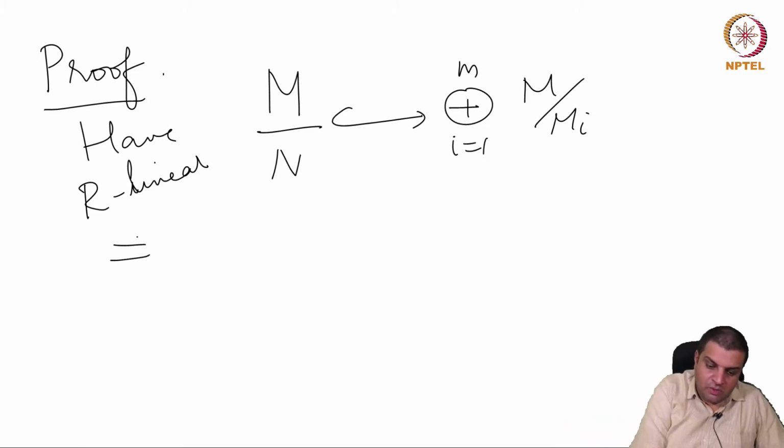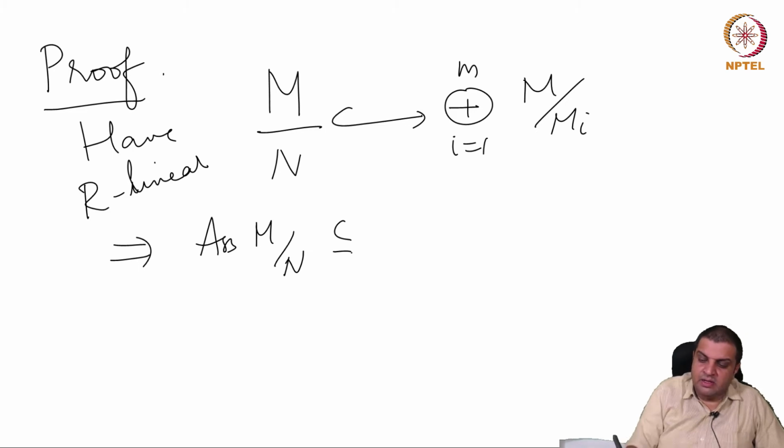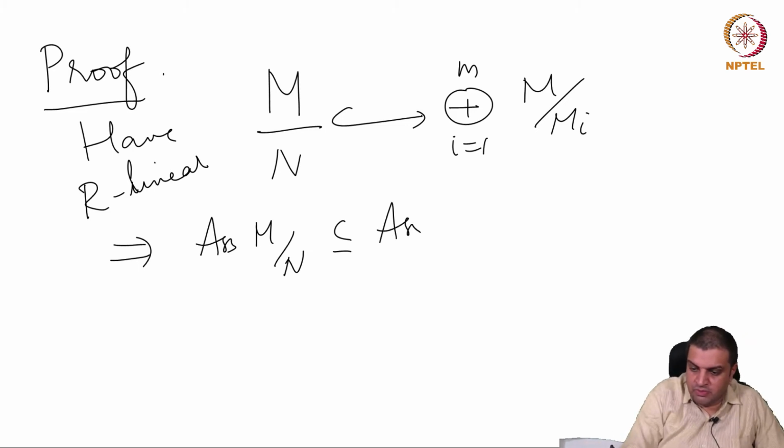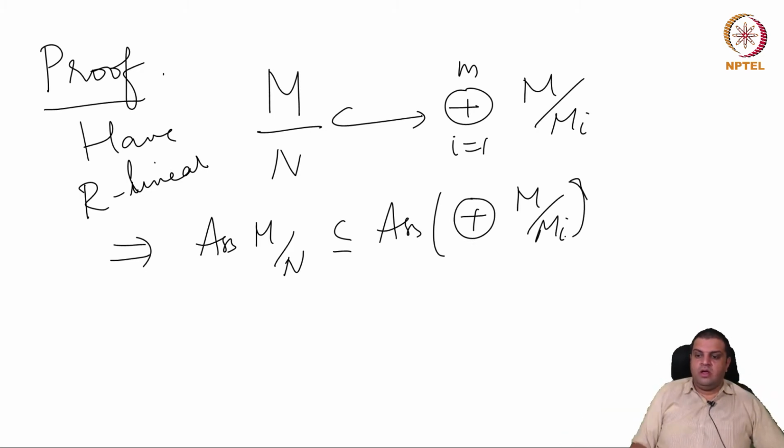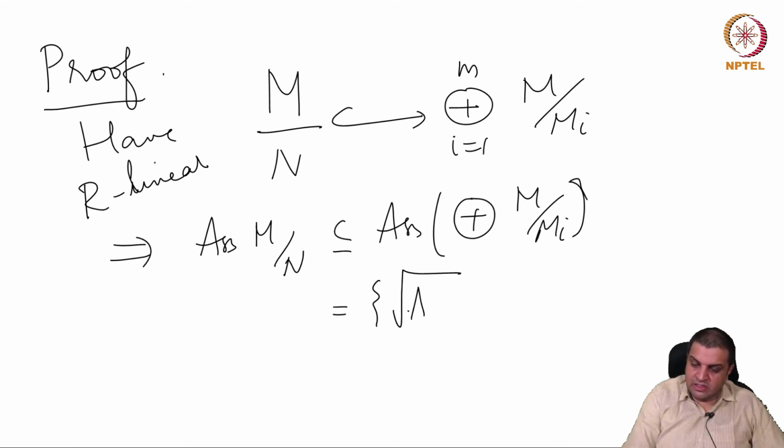So this now means that the associated primes of M mod N are inside the associated primes of the direct sum. But these are themselves primary, so this is just exactly the radical of the annihilator of M mod M_i.